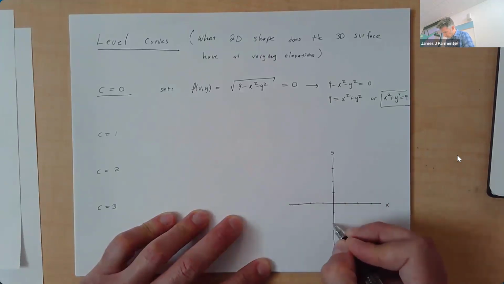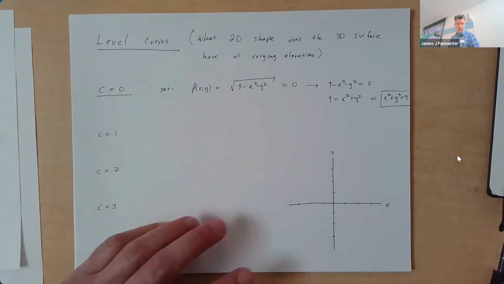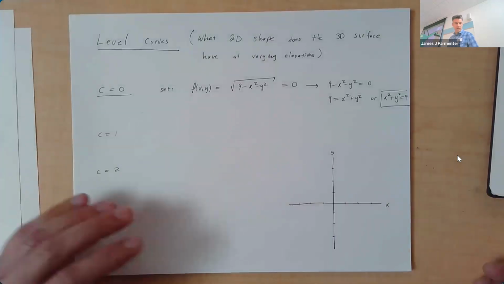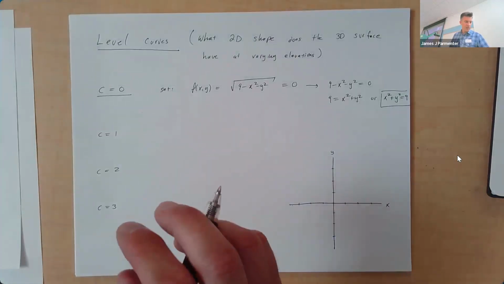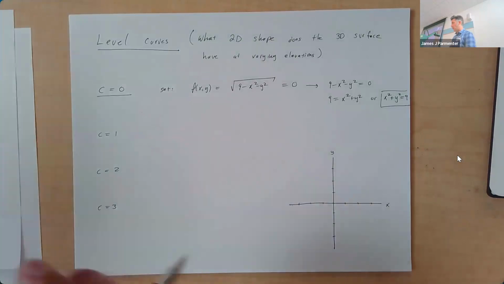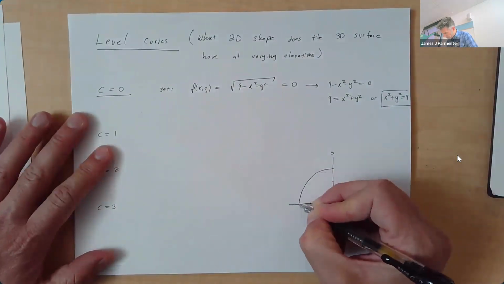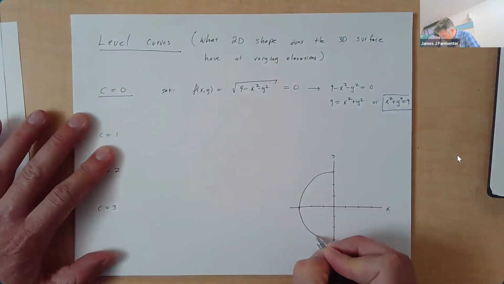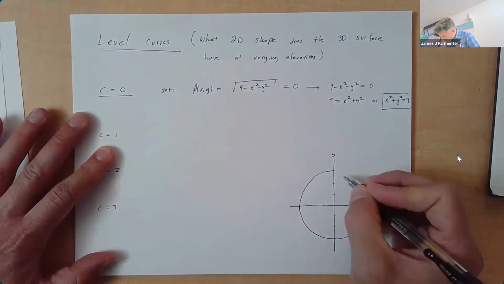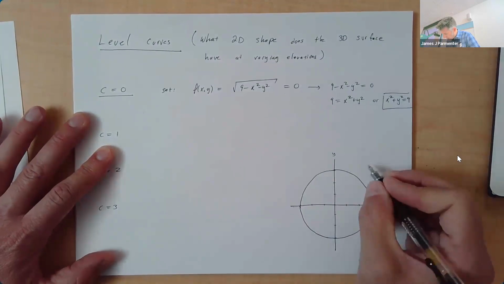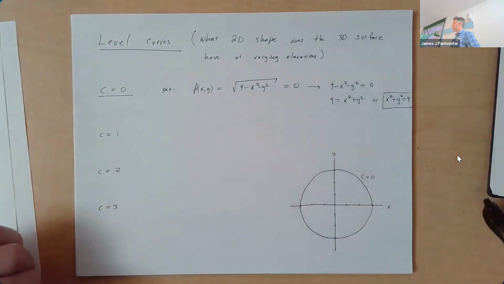And if you have multicolored pens or pencils, this is a great time to use them because it's nice to be able to distinguish between level curves that are next to each other. So here's my level curve, a circle of radius 3. And that's when my height is 0.